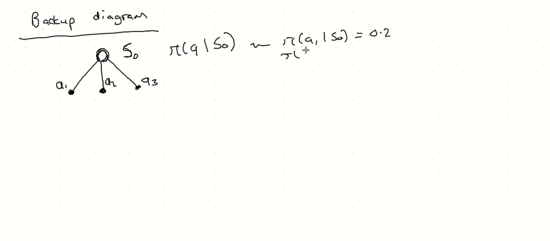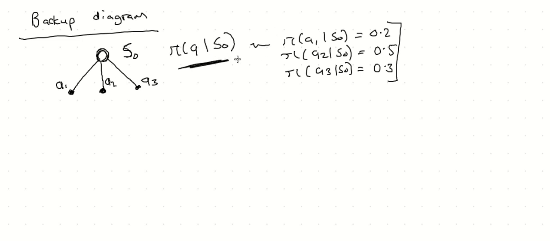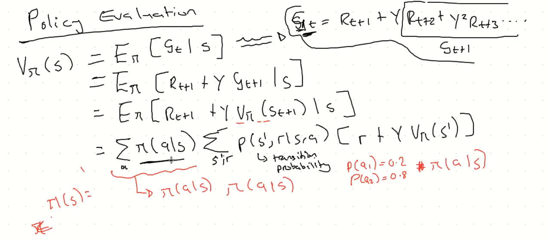The probability of me taking action 2 in state S0, maybe this is 0.5, and the probability of me taking action 3 in state S0, maybe this is equal to 0.3, right? So we've broken down those probabilities. That's what this pi of A given S0 actually means. So this should help you understand what this term is.